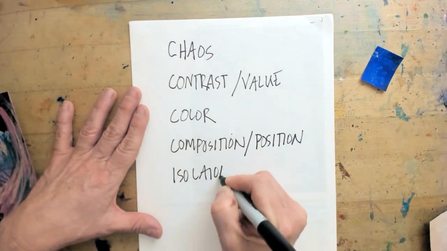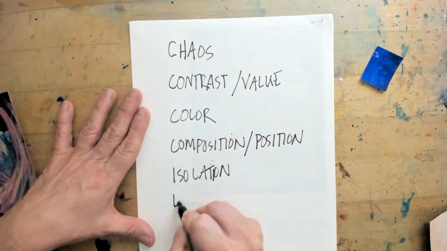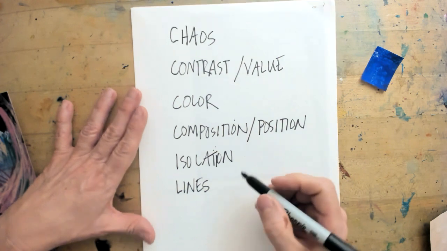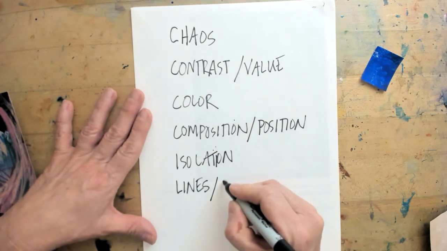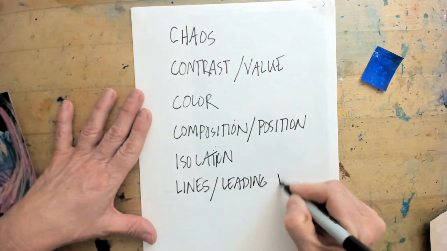Isolation, and lines. These are like lines of convergence, but you could also think about this as leading your viewer.